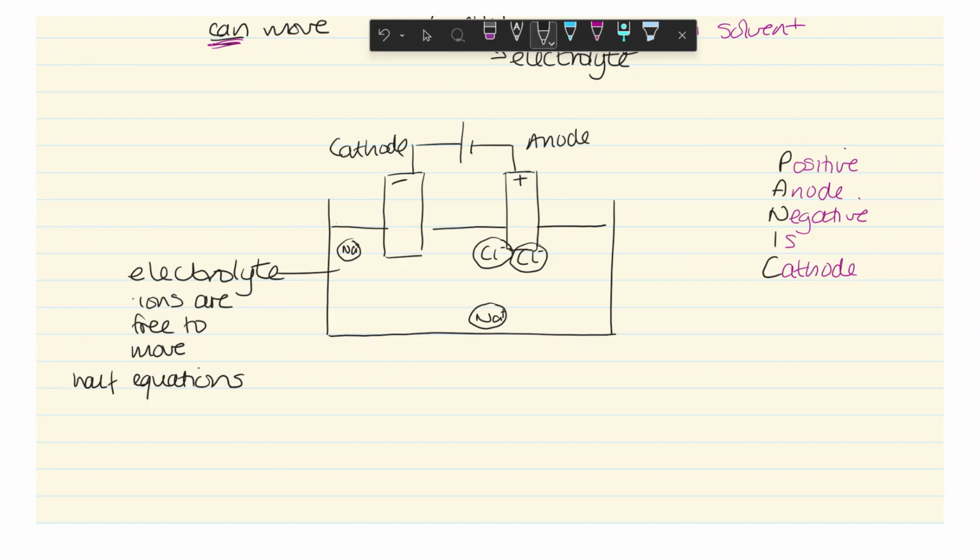Now what will happen is at the anode, we have chlorine ions. Now these chlorine ions, a Cl minus, is a Cl atom that has gained an electron.